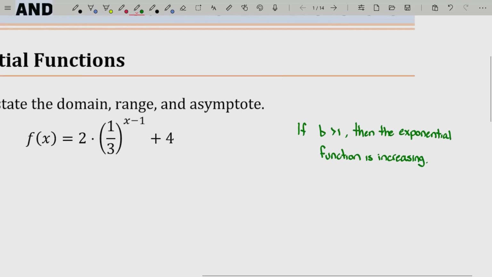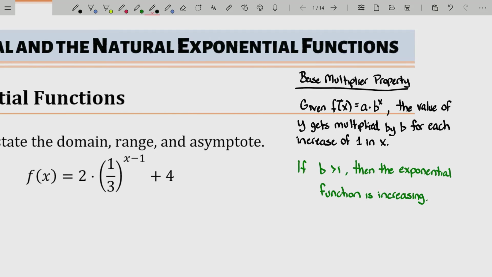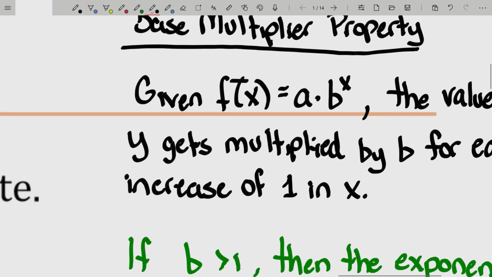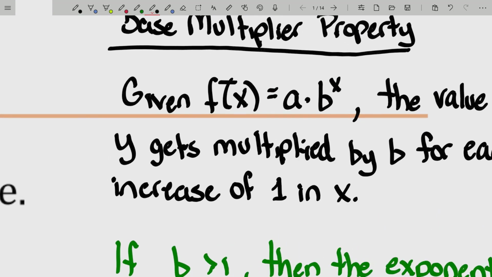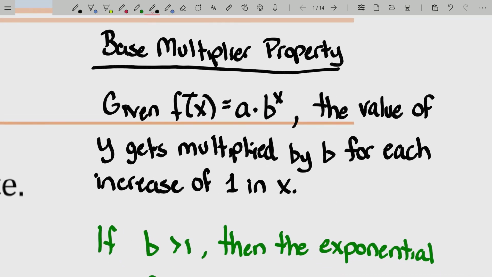And the base multiplier property essentially says the following. Given some exponential function, a times the base b raised to the x power, the value of y, the output, gets multiplied by the base b for each increase of 1 in x. Now that's probably not how you've heard that in the past, but that is very true for exponential functions.